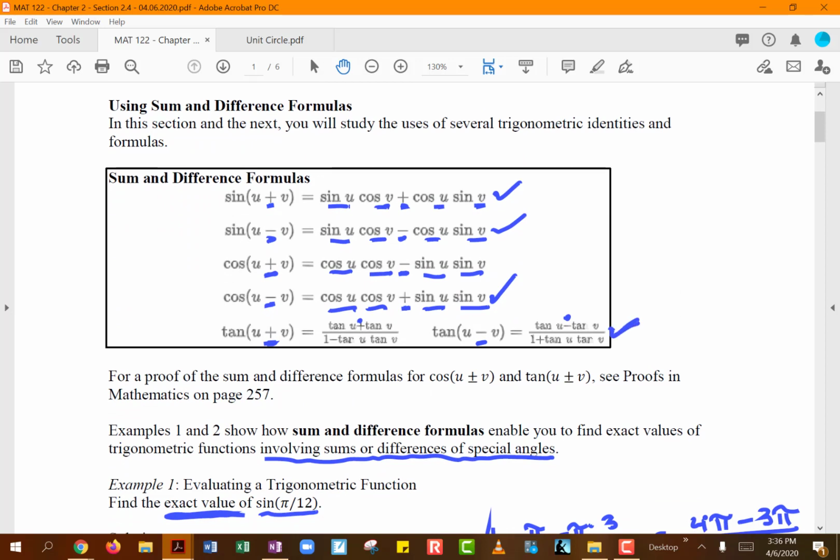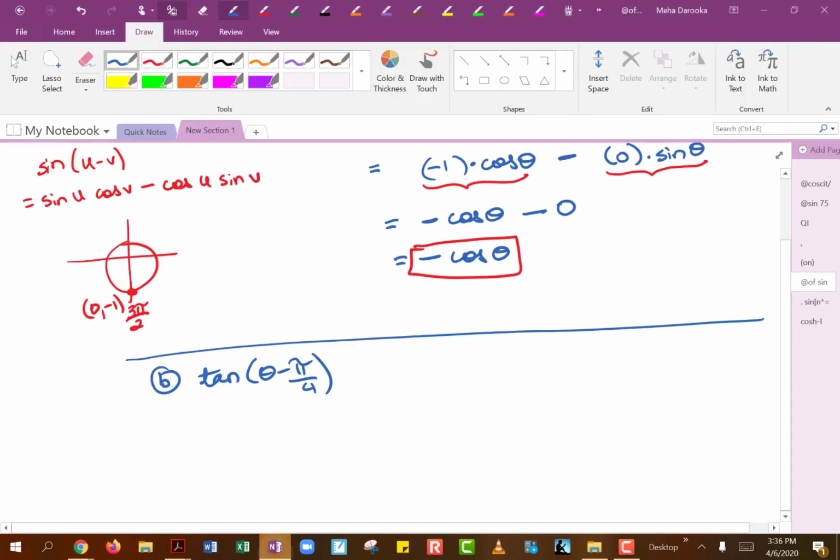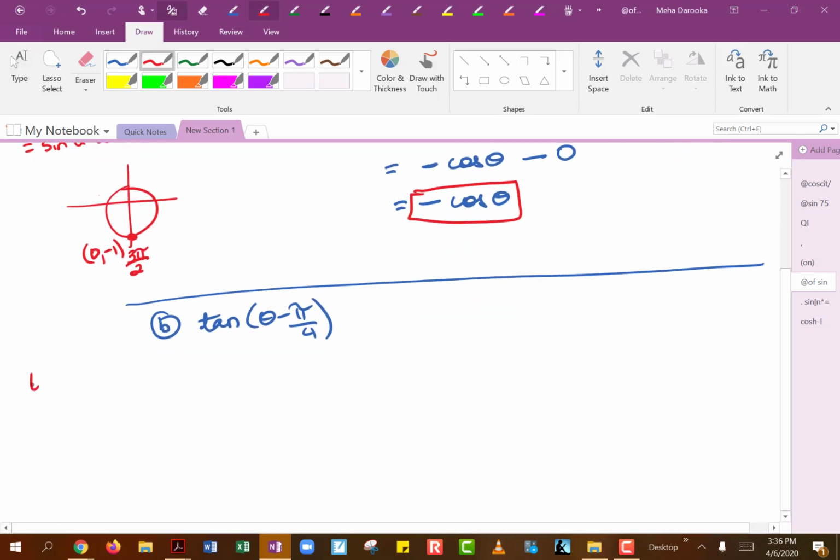So the rule here is tangent of u minus v, which comes out to be tangent of u minus tangent of v divided by 1 plus tangent of u tangent of v. Okay, so that's the formula.